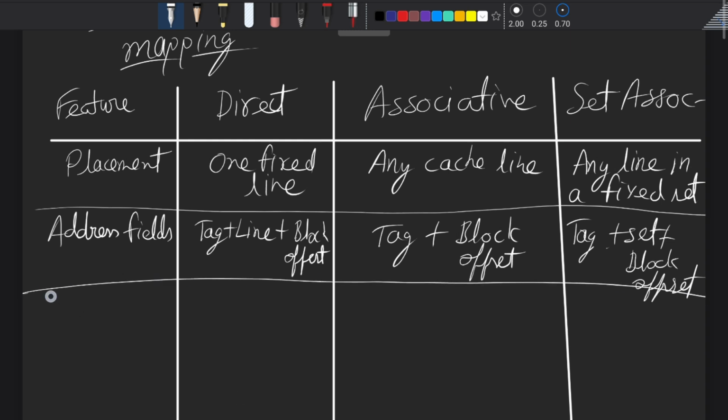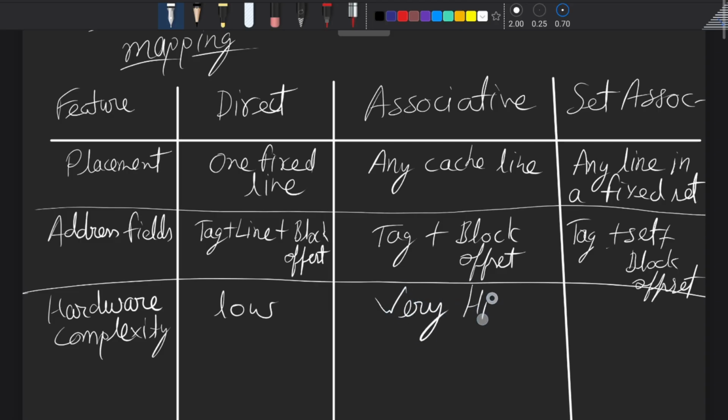Now in hardware complexity, direct was very simple, so complexity was very low. In associative it was very high, and in set associative it is medium, of course greater than direct.